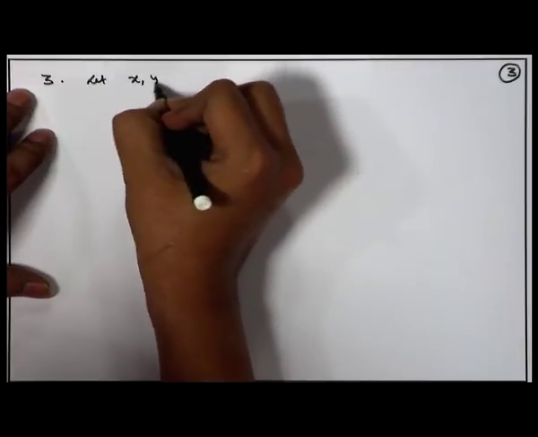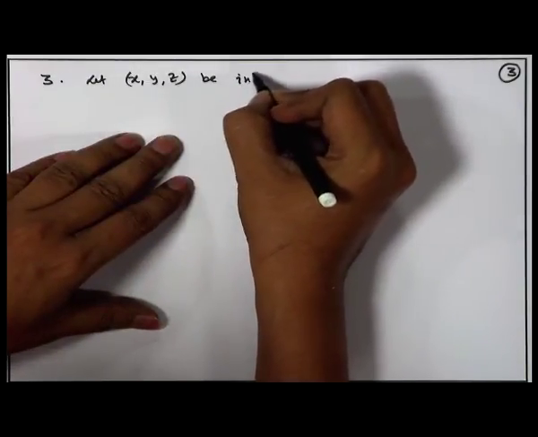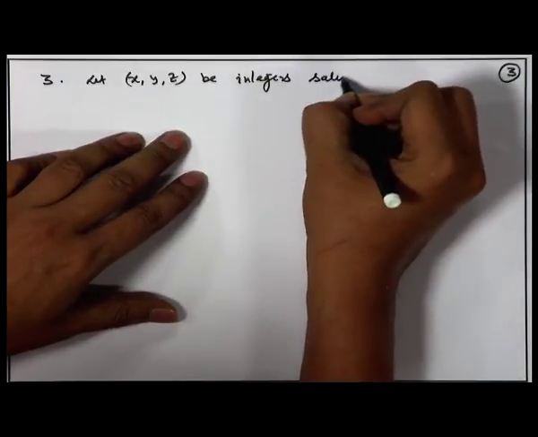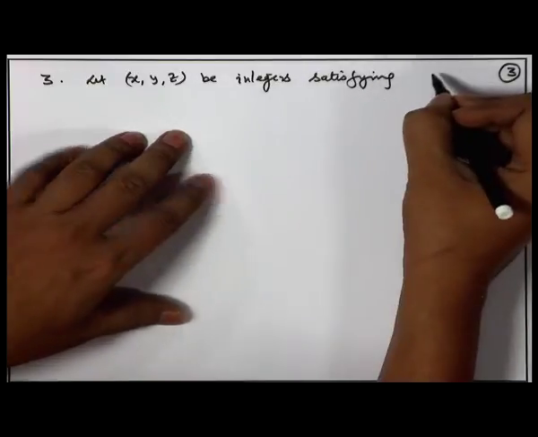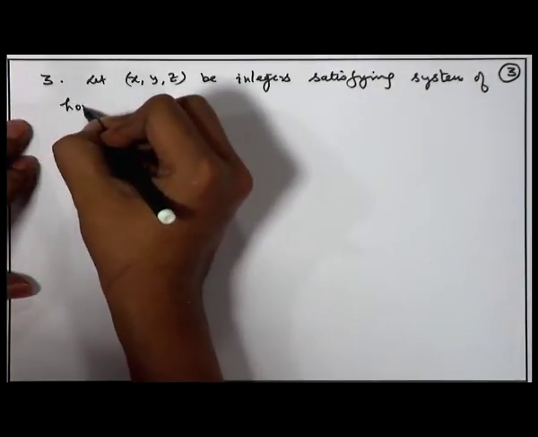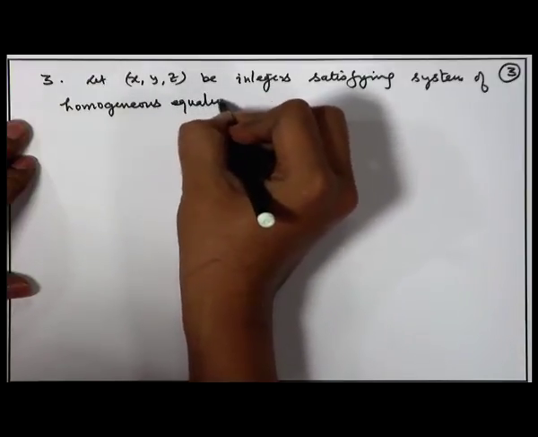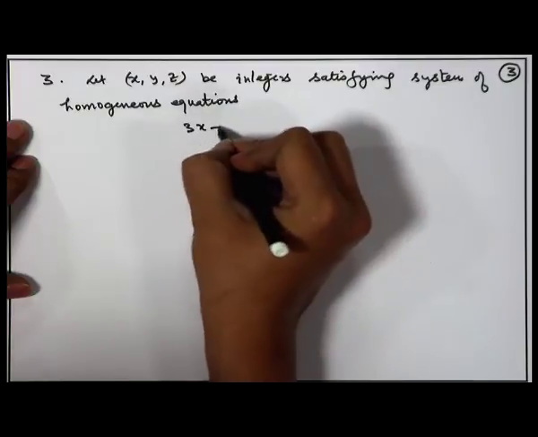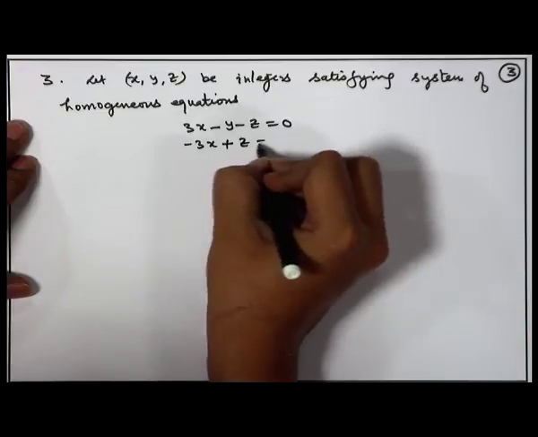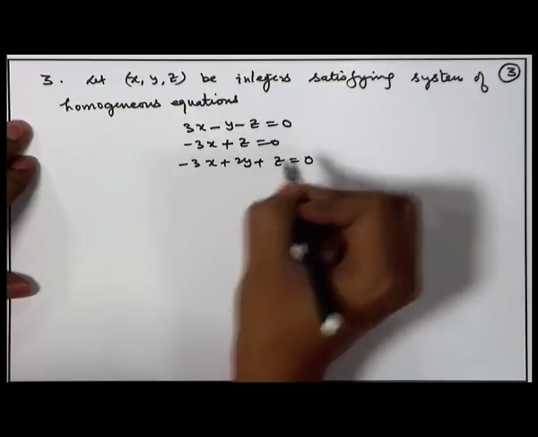Let x, y, z be integers satisfying a system of homogeneous equations: 3x minus y minus z is equal to 0, minus 3x plus z is equal to 0, minus 3x plus 2y plus z is equal to 0.